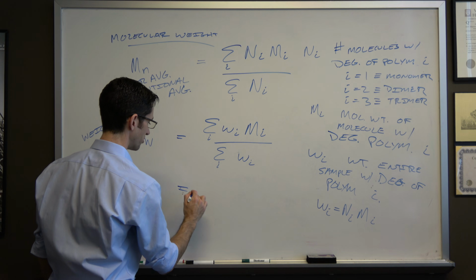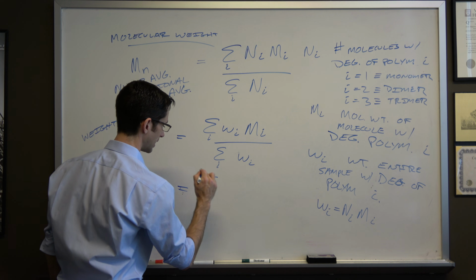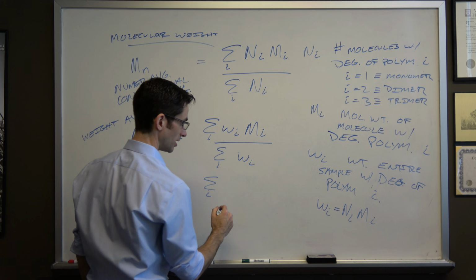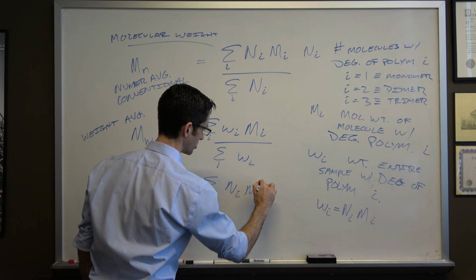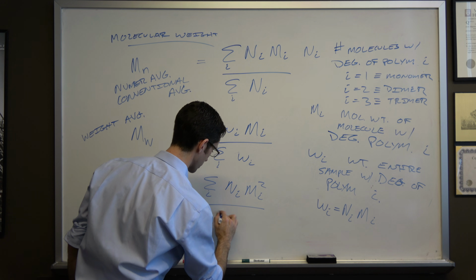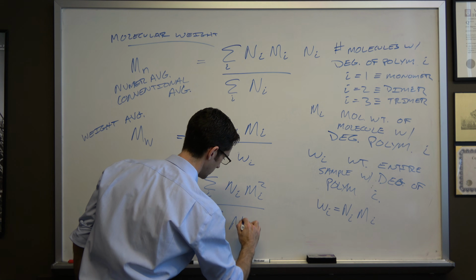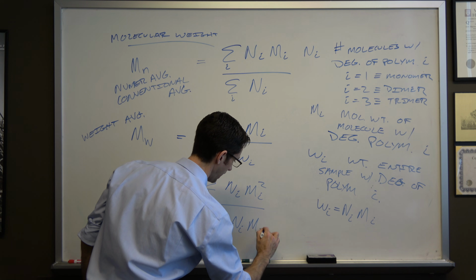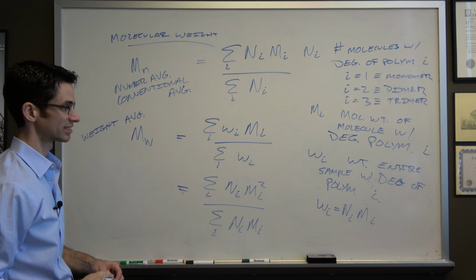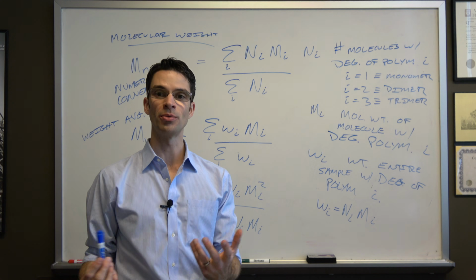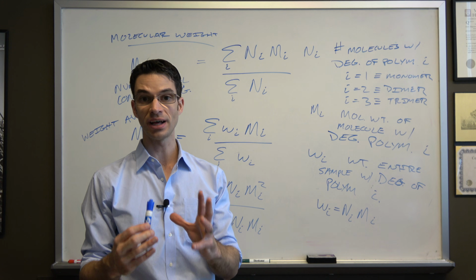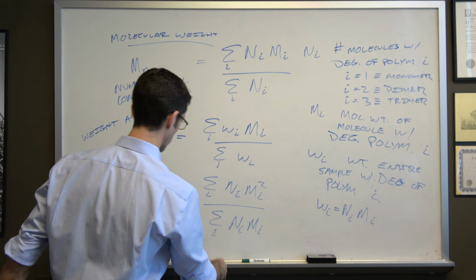So you could also, if you wanted to, write this as the sum of N sub i, M sub i squared over the sum of N sub i times M sub i. Okay, let me do a quick example of how we calculate different values, and then we'll be done for today.